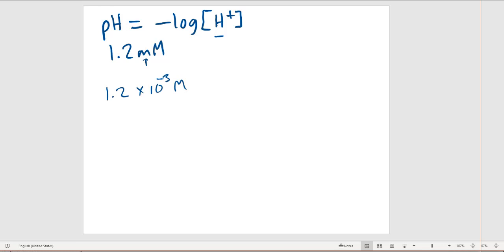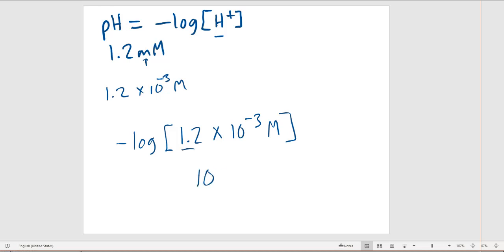So our pH is going to be the negative logarithm of 1.2 times 10 to the minus third molar. Now this 1.2 is not very big, it's pretty close to 1. So to make my logarithm easy to do, I'm going to do negative logarithm of 10 to the minus third molar.